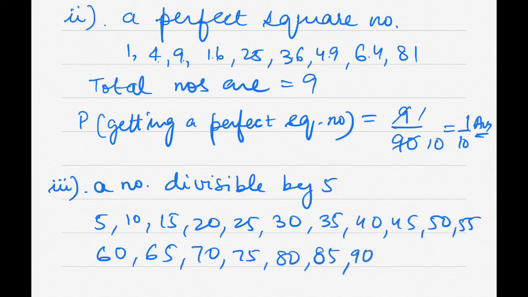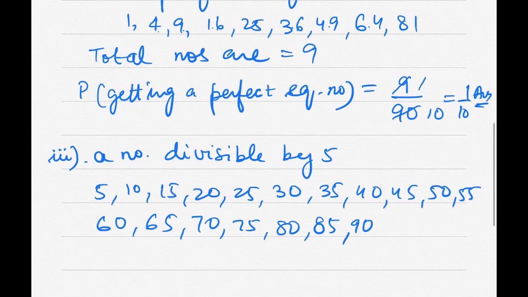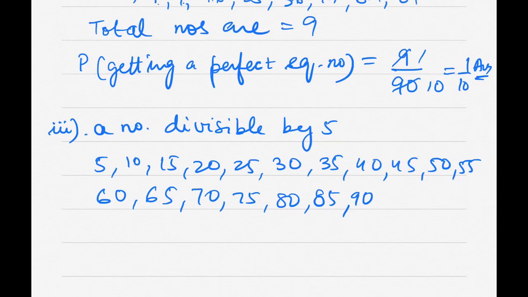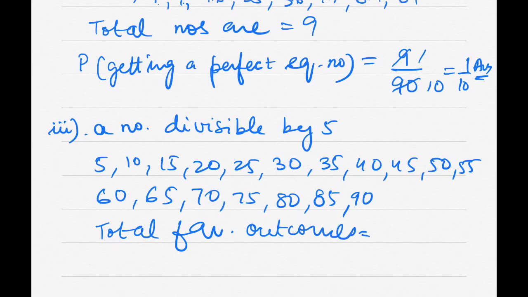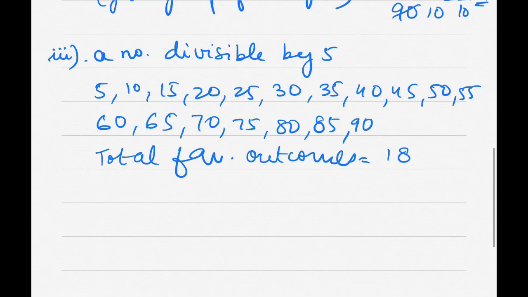These are the numbers from 1 to 90 which are divisible by 5. Now we'll count the total favorable outcomes: 1 2 3 4 5 6 7 8 9 10 11 12 13 14 15 16 17 and 18. So there are 18 numbers.